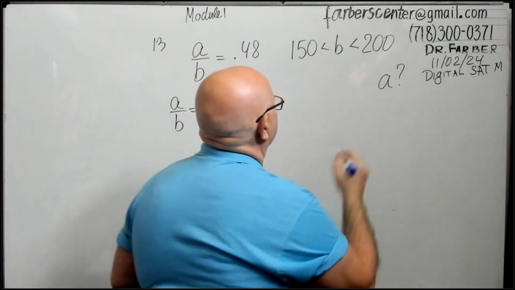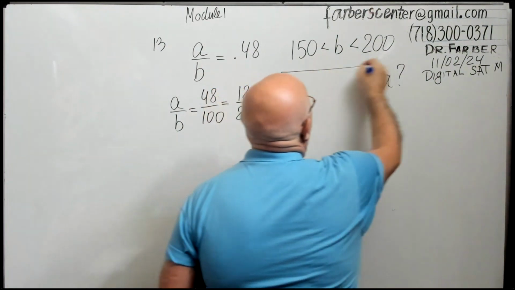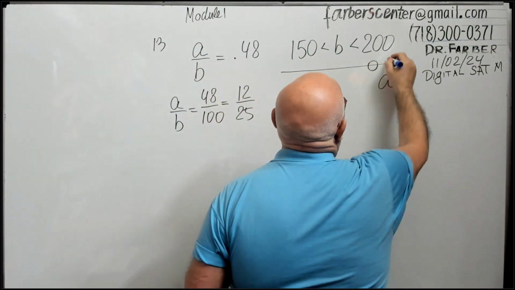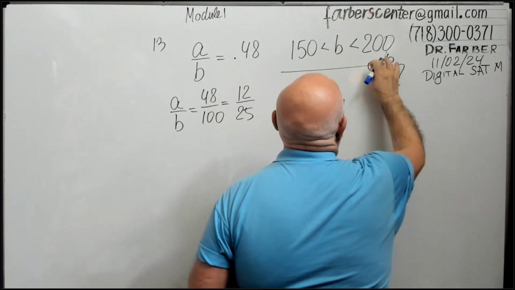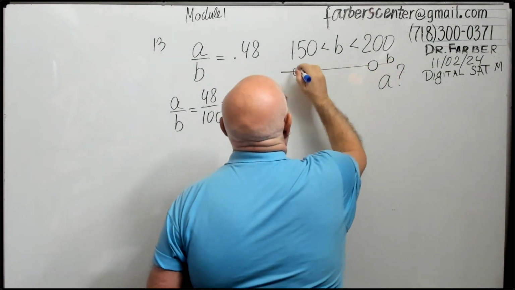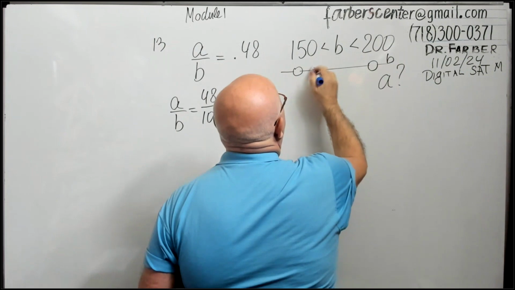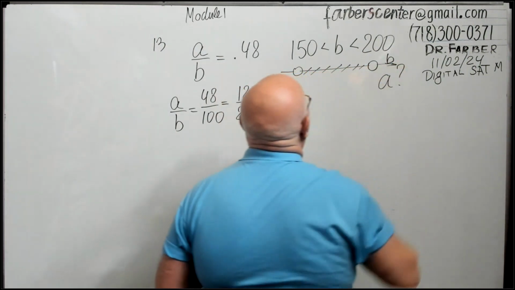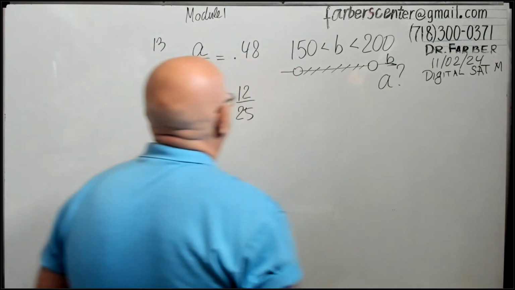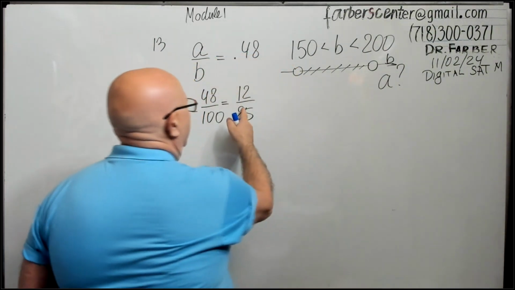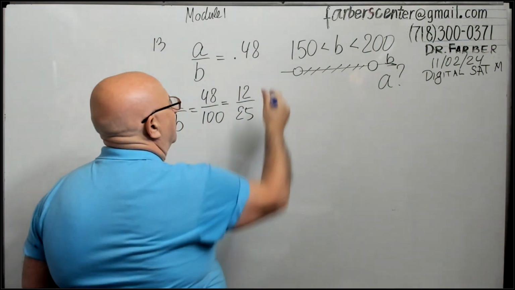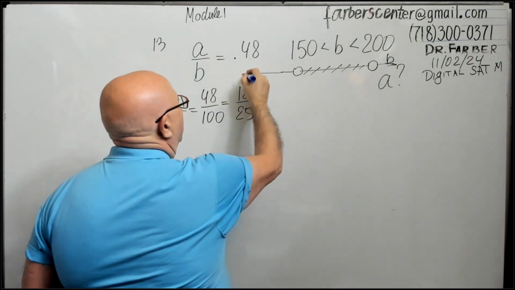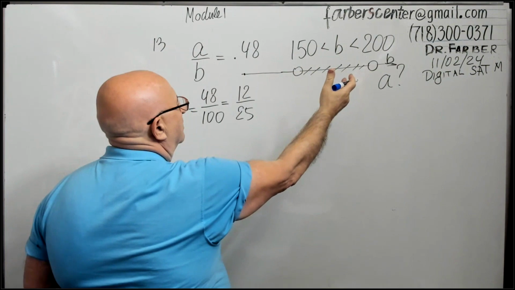Look at this. If I make a picture of this, this is B, 200 not included, 150 not included, and this is between. I want to make this result compatible because if I put 25, B is beyond this interval.